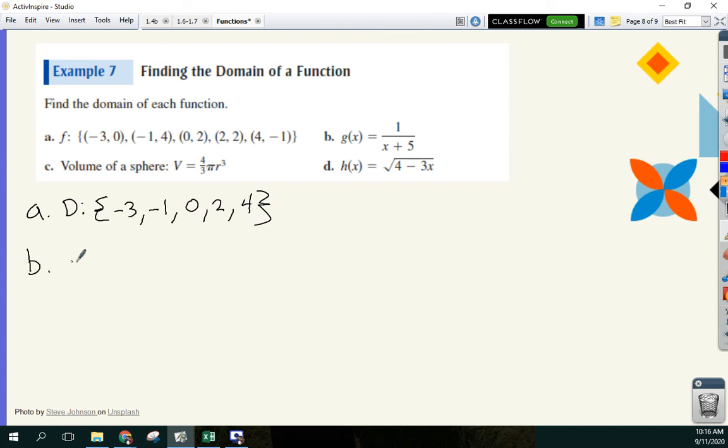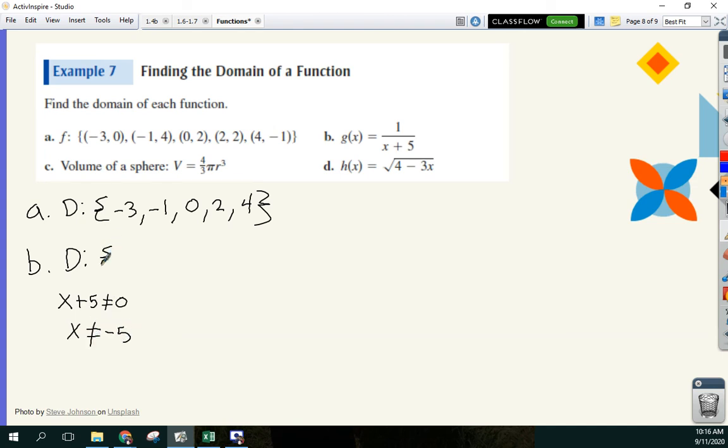Now on part B, hopefully that looks kind of familiar. We have 1 divided by x plus 5. It's a rational. And remember that with rationals, our denominator cannot equal 0. So if I set x plus 5 cannot equal 0, notice that x cannot equal negative 5.